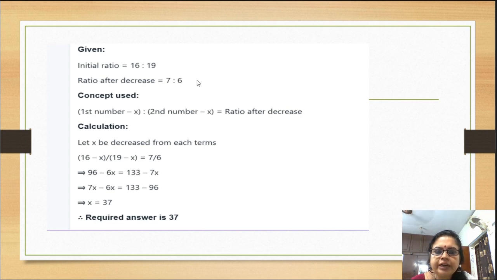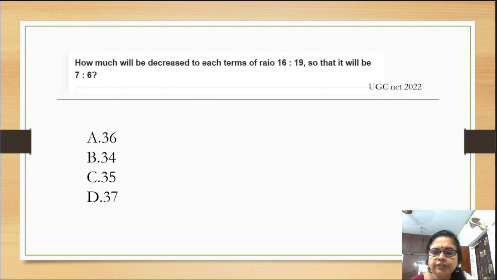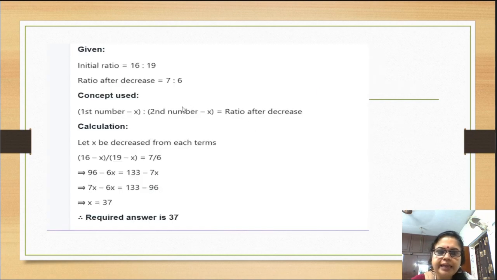In the question, how much has to be decreased in each of the terms of 16 is to 19 so that it will be 7 is to 6? The initial ratio is 16 is to 19 and the ratio after the decrease is 7 is to 6.